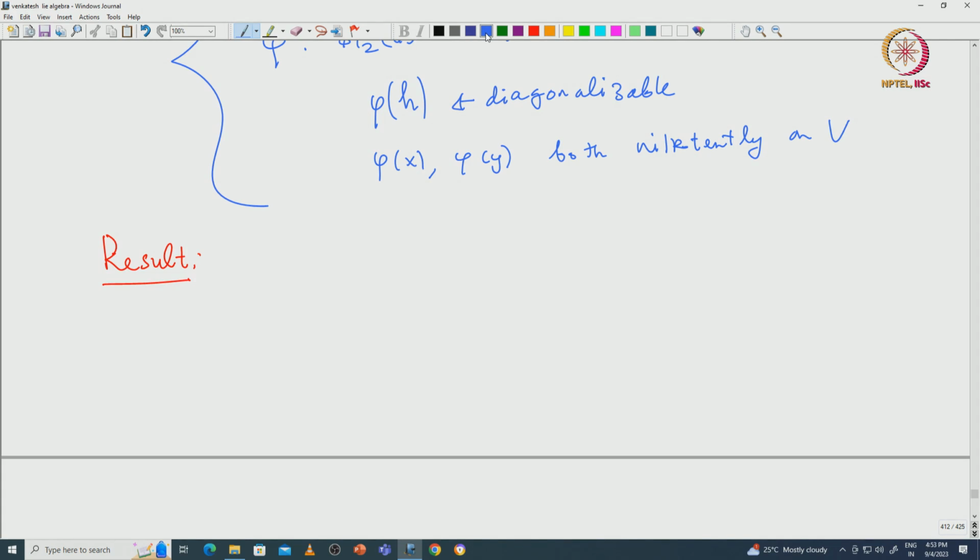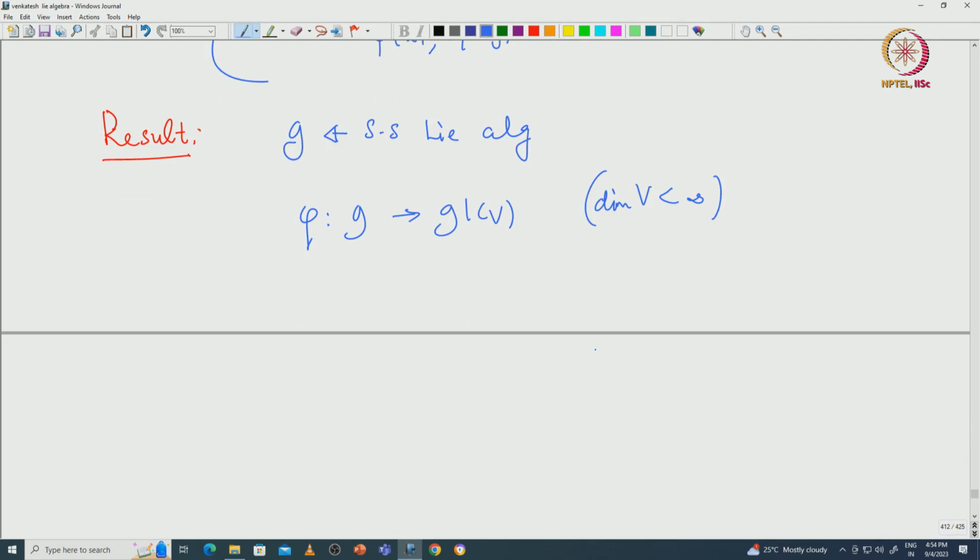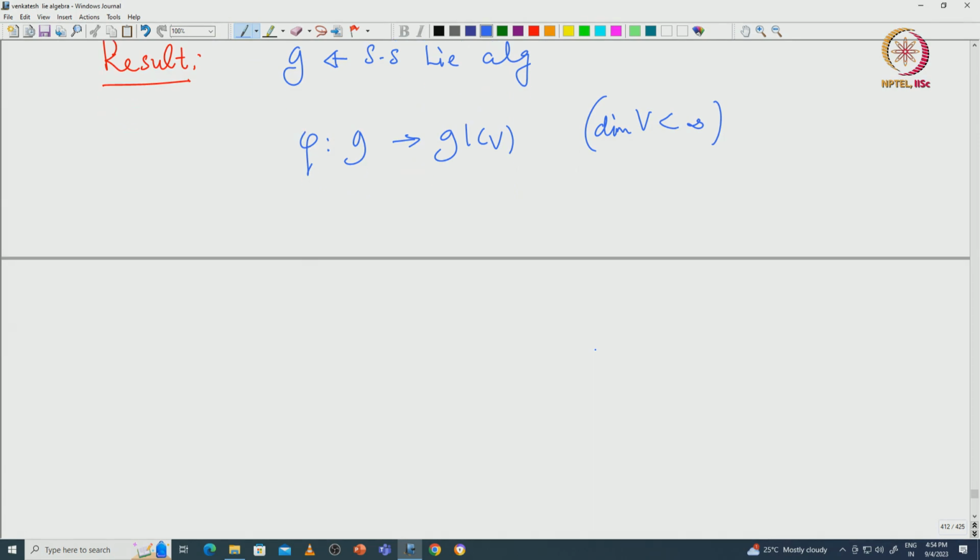We take g to be a semisimple algebra, and a finite dimensional representation of g which we call phi, a map from g to GL of V. Now we can talk about the Jordan decomposition of the images of elements of g. For any x in g, we can talk about phi of x.